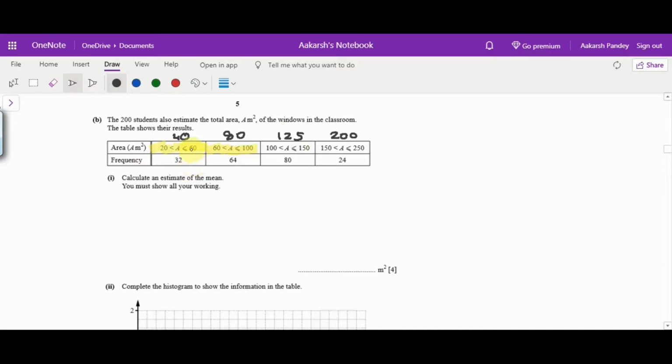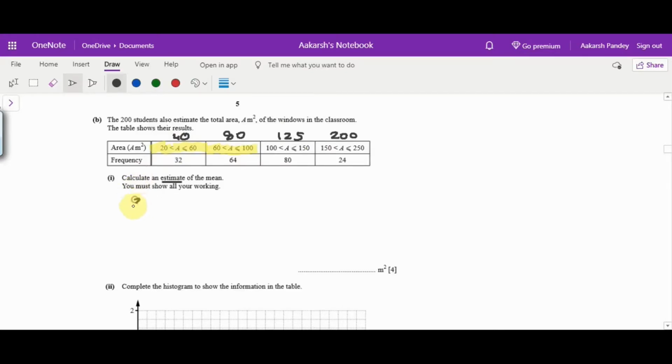Now because this is grouped data and I don't have the exact information, because we have been asked to estimate the mean, my estimate is that all the data points given in this first range, I'll assume all of them to be 40.